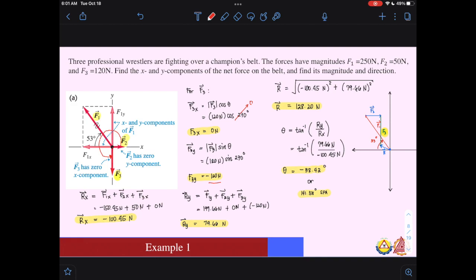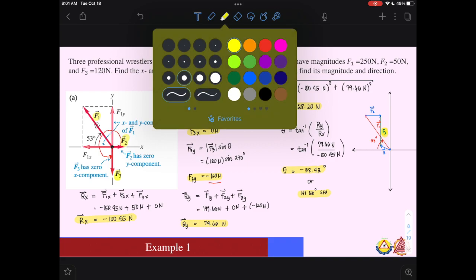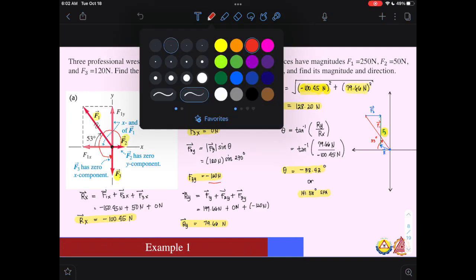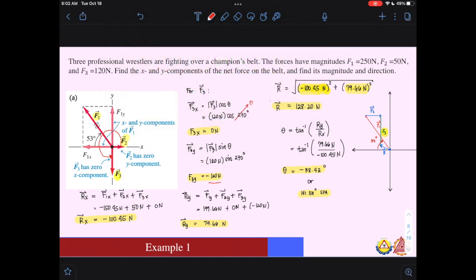And how to get the resultant vector, we are all very familiar with this one already, and I'm hoping this is clear. We just take the square root of Rx squared plus Ry squared. And once you calculate that one, class, you should be able to get R is equal to 128.20 newtons.